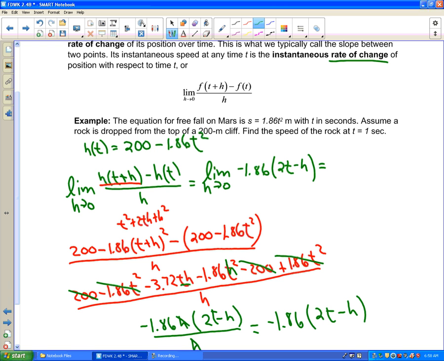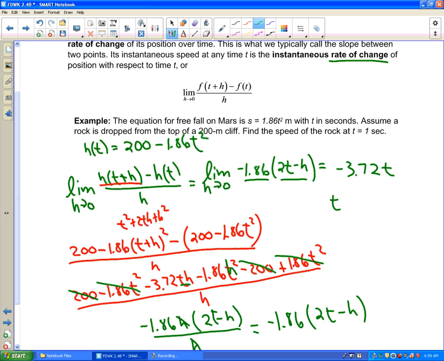The limit of negative 1.86 is not going to change because it doesn't have an h. This part, 2t minus h, is going to approach whatever 2t is. And so if I multiply that back out, I get that my limit is equal to negative 3.72 times t.